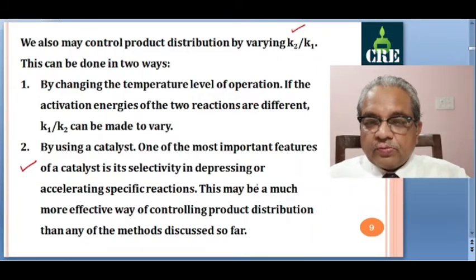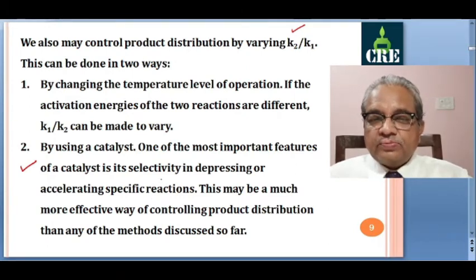For the earlier reaction, A gives R and A gives S, R is desired. So what will you prefer? You will prefer either a catalyst which will accelerate the first reaction or depress the second reaction. This may be a much more effective way of controlling the product distribution than any other methods discussed so far.